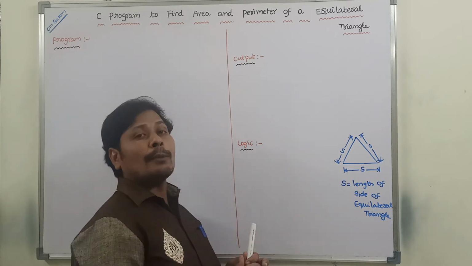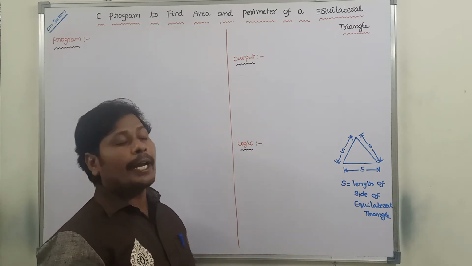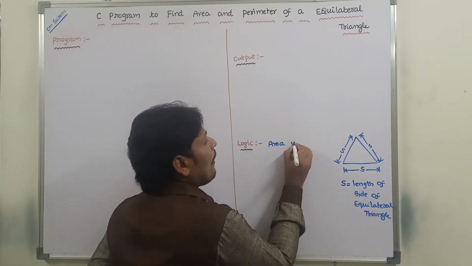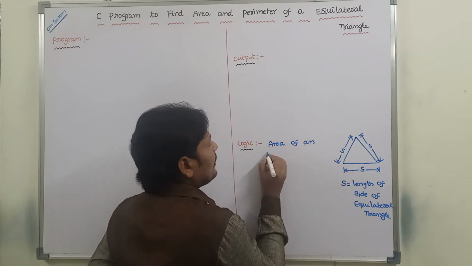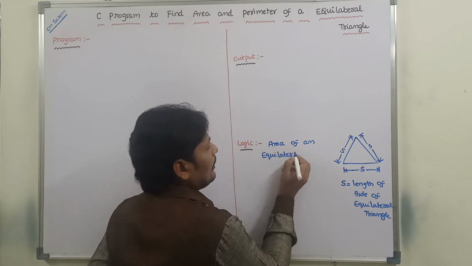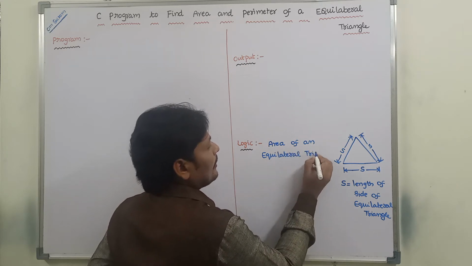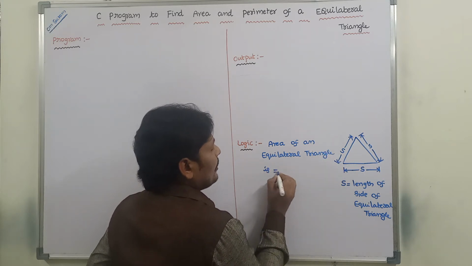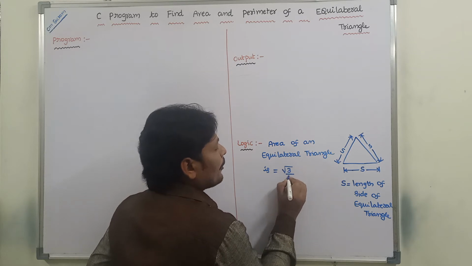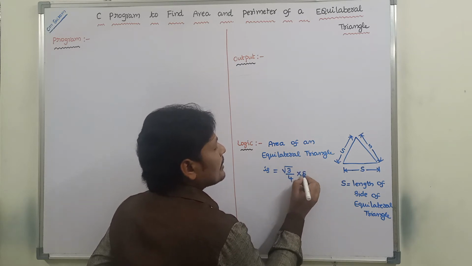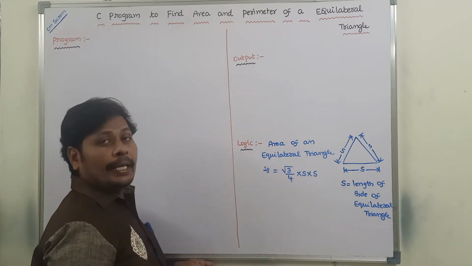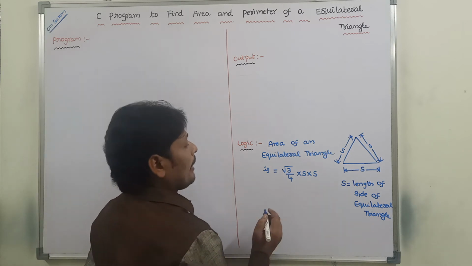Now what is the formula we have to use to find the area of an equilateral triangle? Area of an equilateral triangle is root 3 by 4 into S into S. This is the formula for finding the area of an equilateral triangle.